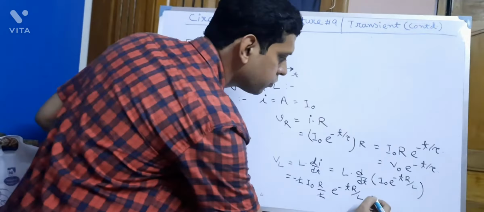Now we have seen that the natural response of the RL series circuit was I equal to A e to the power minus RT by L. Now for Pi, we have to solve the equation L di/dt plus Ri equal to V, and I equal to Cf plus Pi.